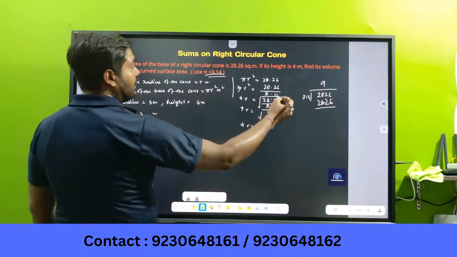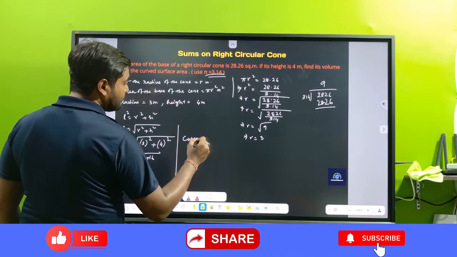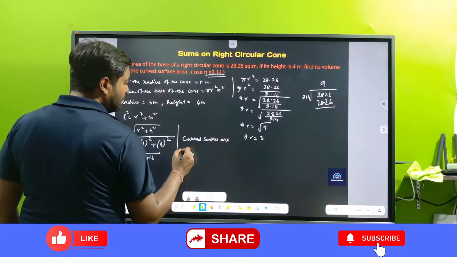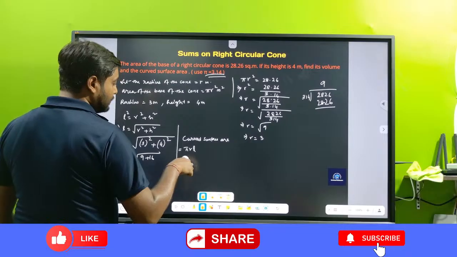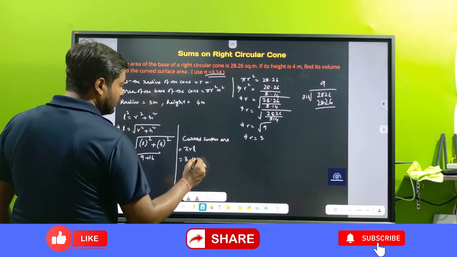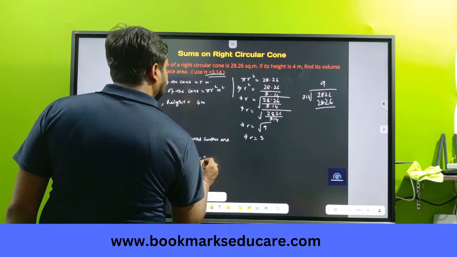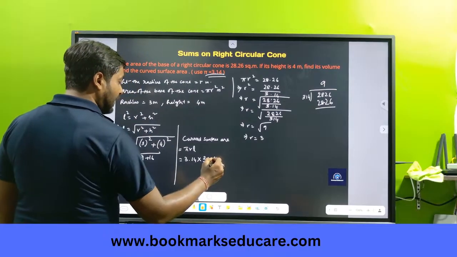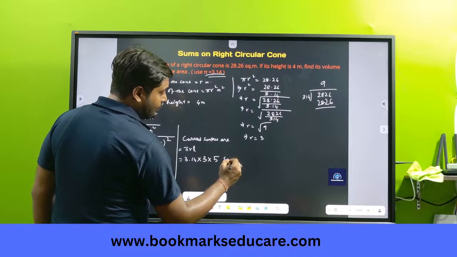So now first find the curved surface area. Curved surface area equals to pi RL. Pi means here 3.14. R is here 3 and the slant height is 5. We will write it in this square meter.